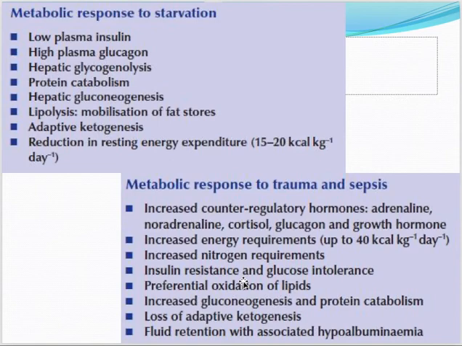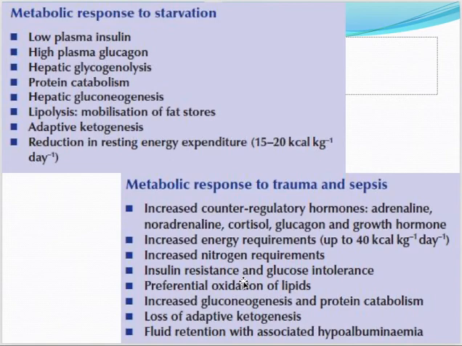After surgeries, there are many metabolic changes which occur in the body, there are many immunological changes, and as a result of that, there is rise in temperature of the body, rise in the heart rate, rise in the respiratory rate, rise in the energy expenditure, rise in the white blood cell count. Now, all these things need energy, and where is it coming from? Of course, we know ATP and all these biochemical things.